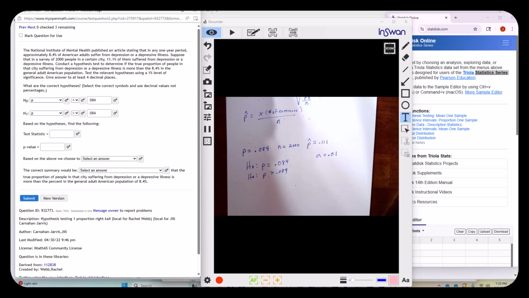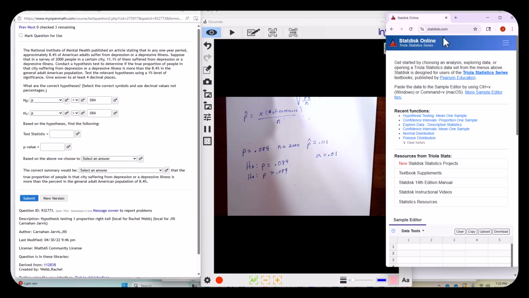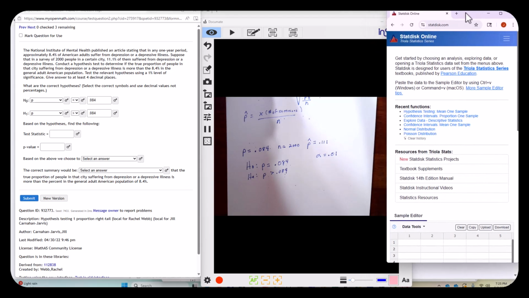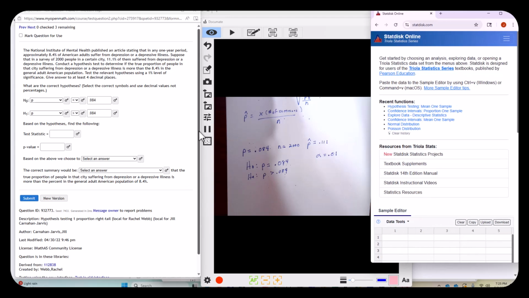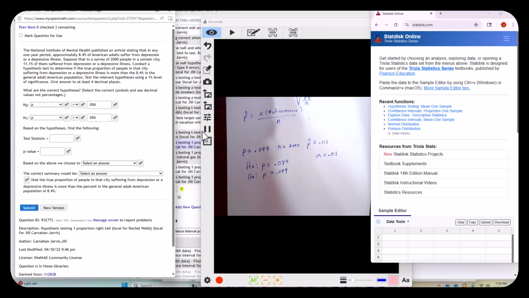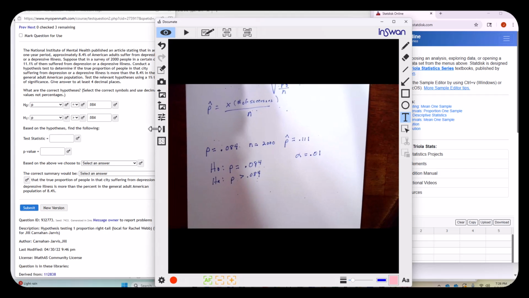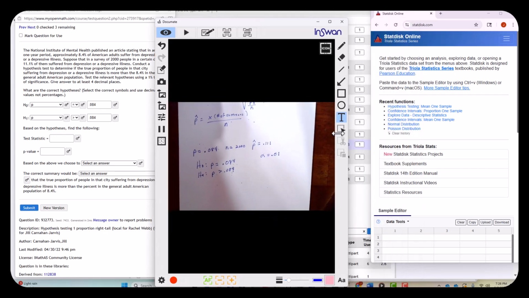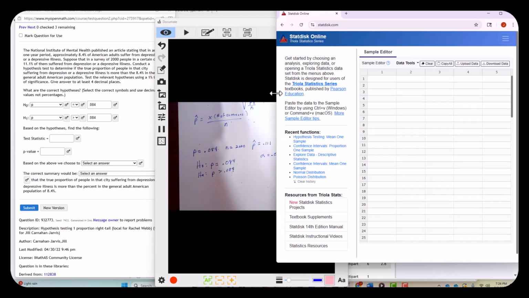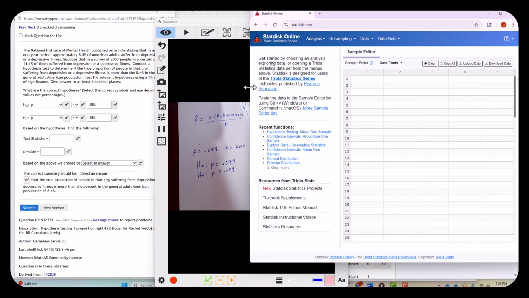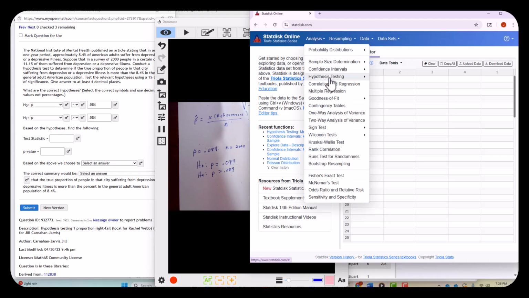Okay, our test statistic. So let's go over here to StatDisk. Analysis, Hypothesis Testing, Proportion One Sample.